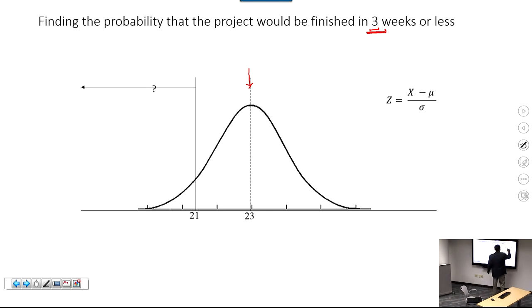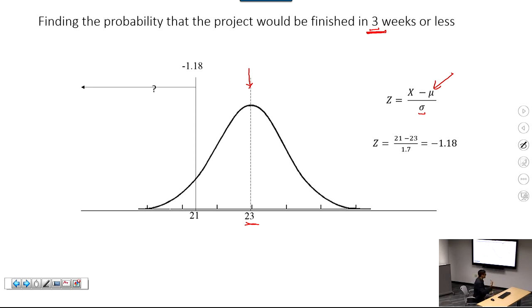Mu is the average of the bell curve, which is that. Sigma is the standard deviation of the bell curve, which we found on the previous slide, all right? And x is the time that you are interested in, which is 3 weeks or 21 days, right? So I'm going to put those numbers in the formula there, okay? So these are the numbers.